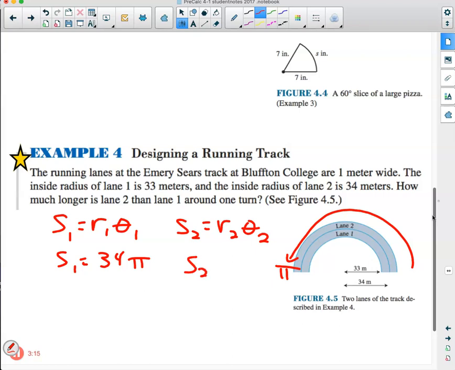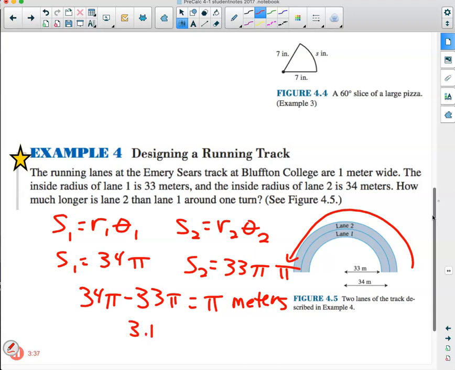And then the inside lane will be 33 pi. And we see that the difference between the two is 1 pi meters, which we'd probably want to know just what is that in terms of meters. And 1 pi to 3 decimal places rounds to 3.142.